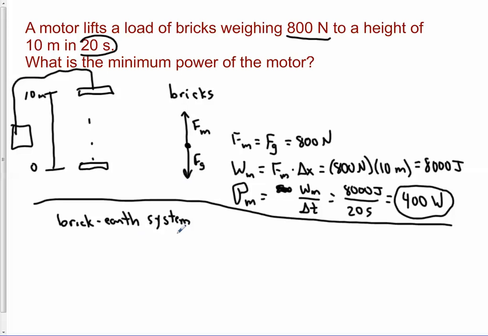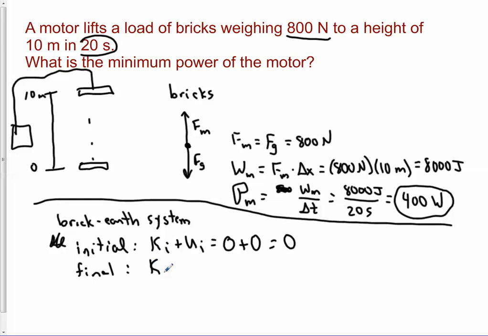So now it's gravitational potential energy. And we say that this system went from 0 up to 10 meters. So the system's initial kinetic plus potential energy: it has no kinetic energy at the beginning, and it has no potential energy at the beginning. So it starts with 0 joules of mechanical energy.